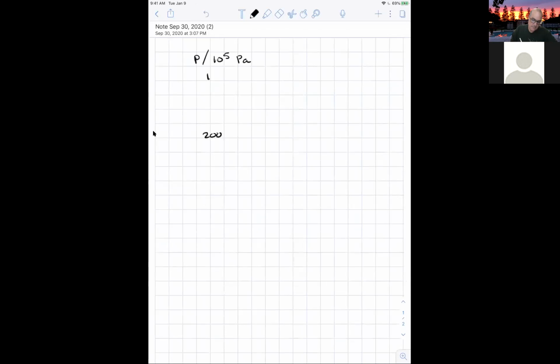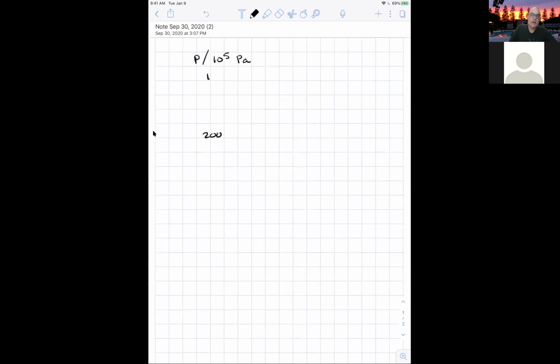So the first thing you're going to want to do is a sample calculation to know what you've got. If I look at the data, I have P in units of 10 to the 5 pascals, 1, that's the first one, and then down here I have 200.